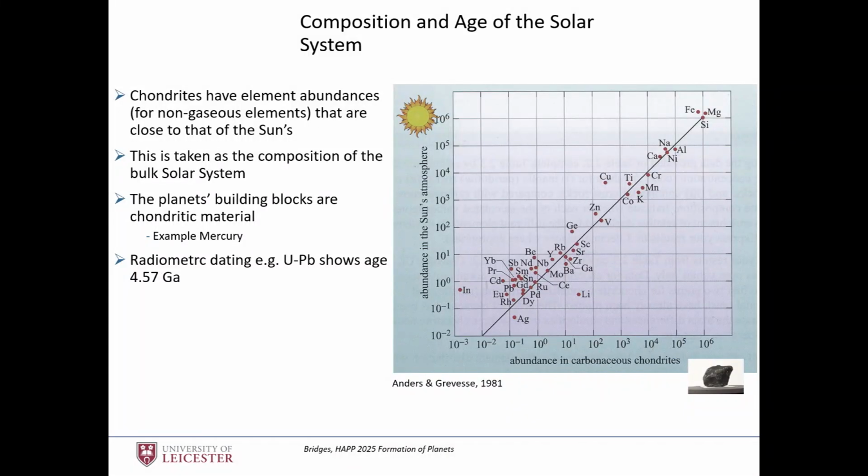Now, if you just want to take one thing from this talk and then enjoy some of the pictures I'm going to show, it's probably this one. This is why we study meteorites. This is why they're important.